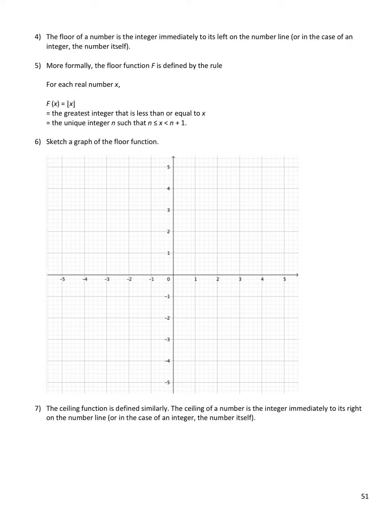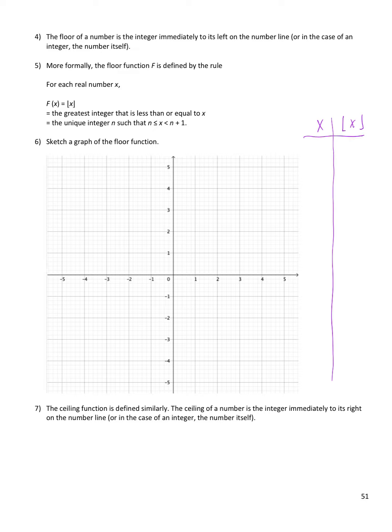So I want to sketch a graph of the floor function. So let's just start with numbers between 1 and 2. Any number between 1 and 2, the floor of it, you're going to round. So maybe we'll make a little x and the floor of x chart.